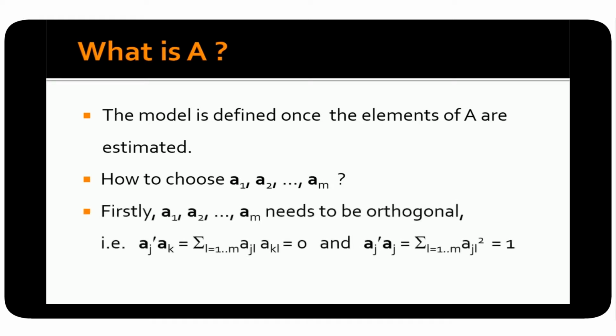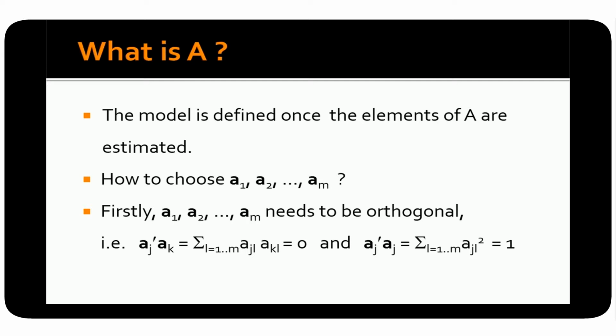Firstly, what we need is a 1, a 2, a m to be orthogonal. What does it mean? It means that a j prime a k should be equal to 0. That means for any two of these vectors, taking the inner product would give us 0. That is one condition that we need. Another condition that we often impose is the condition of normality.